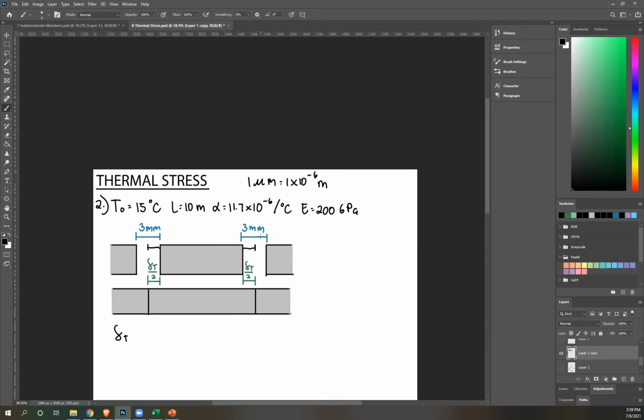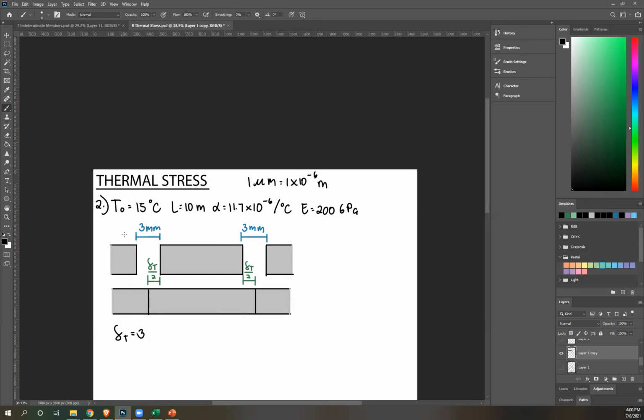This is also 1.5. So 1.5 times 2. So total deformation still comes out to 3 millimeters, because this is 1.5 and this is also 1.5. So total is 3.